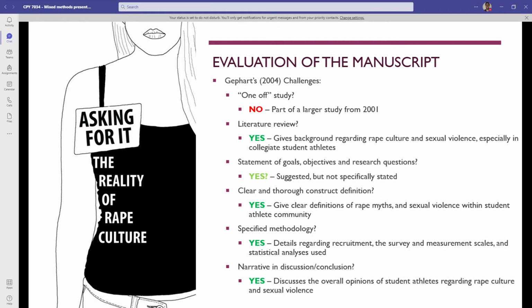There was specified methodology where the article outlined the details regarding recruitment, the survey and measurement scales, and statistical analyses that were used. And in the discussion and conclusion, they discussed the overall opinions of student athletes regarding rape culture and sexual violence, and delved into future implications from this study.